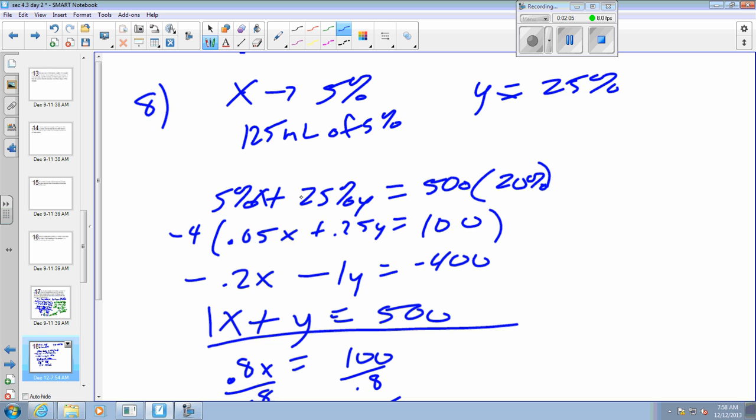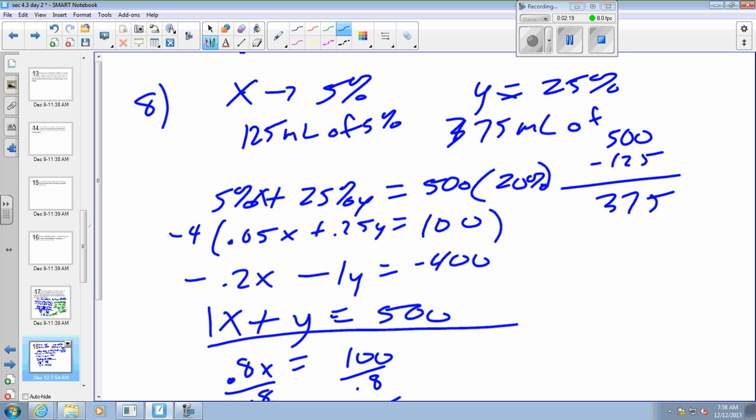Now the other one, because x plus y equals 500, if I take 500 minus the 125, I get 375. So this one is 375 milliliters of 25% solution.